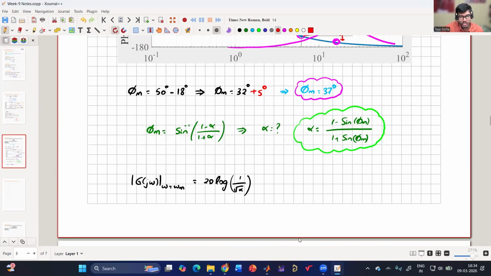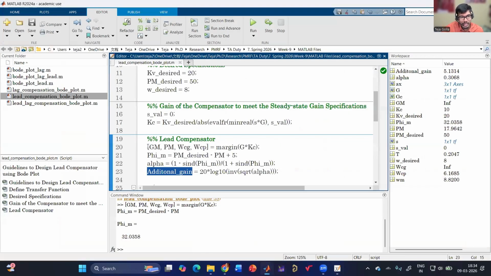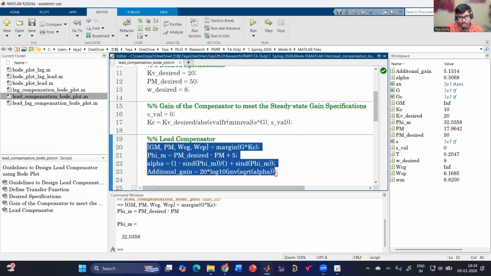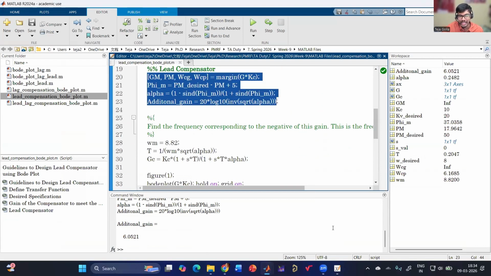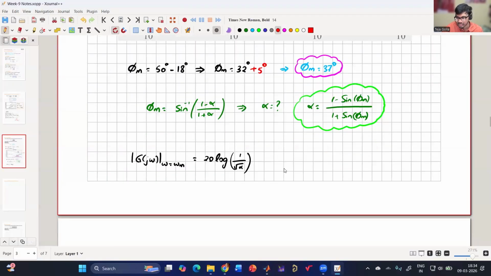So how much is my mod G? If you go back and calculate this, how much is my additional gain? It is 6 dB. Sorry, so it is resulting in 6 dB. So my compensator is resulting in 6 dB.